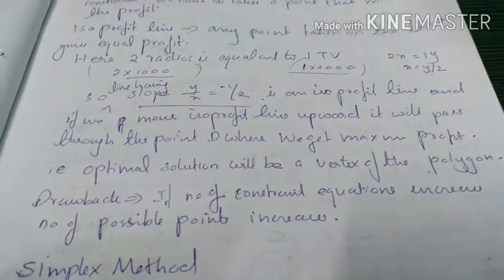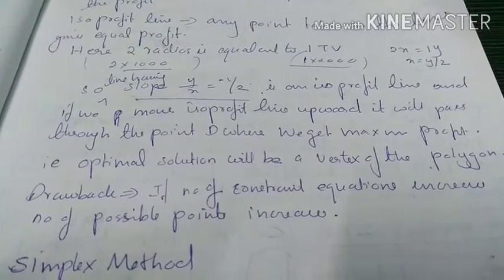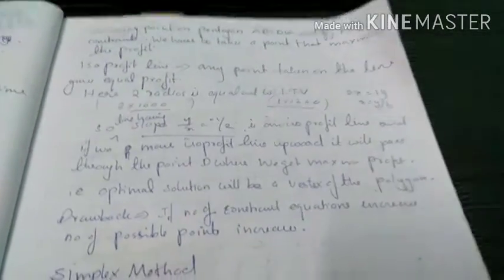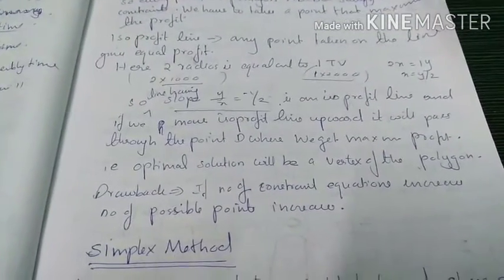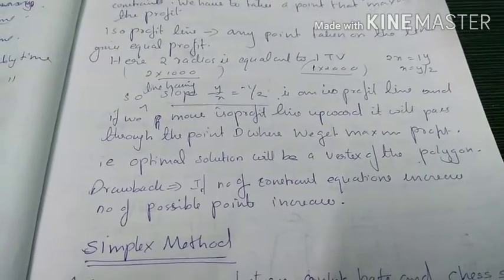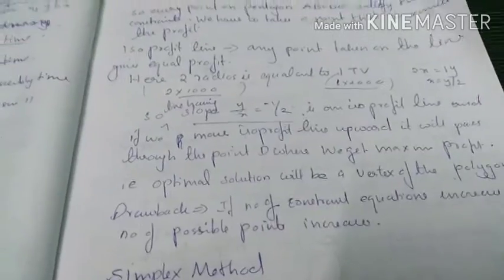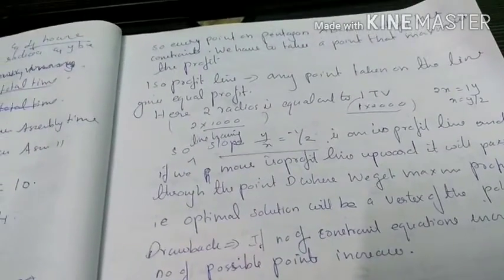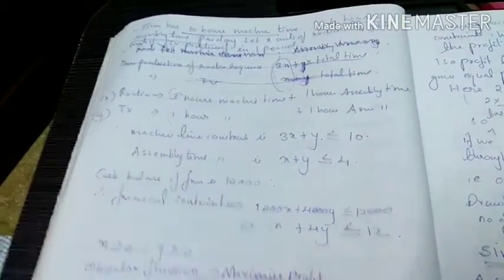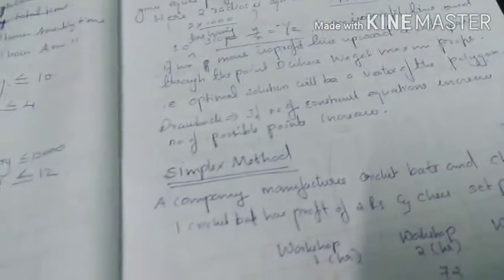Here the polygon's vertex D gives the optimal solution. The drawback of this graphical method is that if the number of constraint equations increases, the number of possible points increases. That is the only drawback. Here we have only this many constraints. In some problems there will be a large number of constraints, so we have to go for the simplex method.